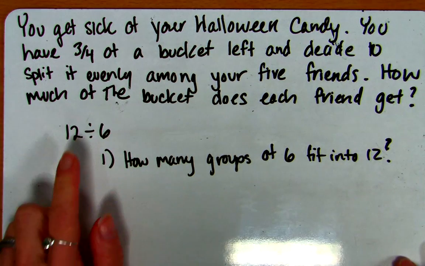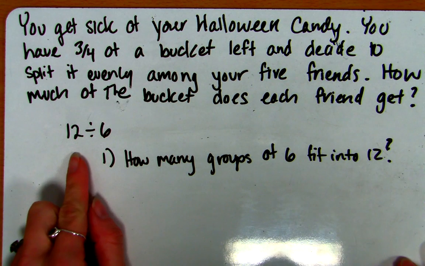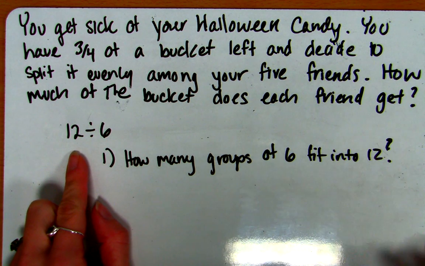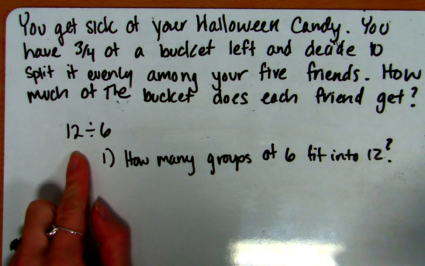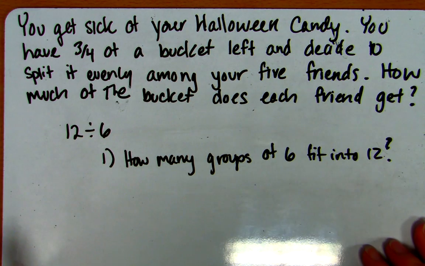And it works really well when the divisor, or the second number, is bigger than the first number or the dividend, because it's easy to think of smaller groups fitting into something bigger. But now we're going to be dealing with problems where the dividend is smaller and the divisor is bigger.